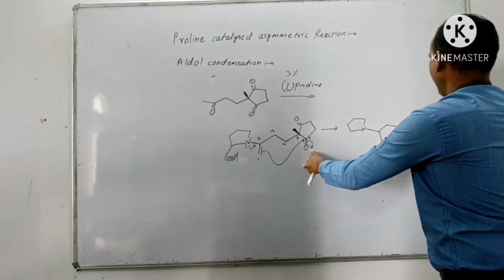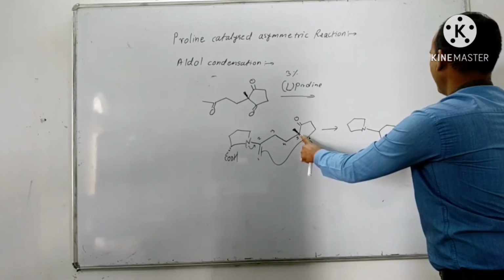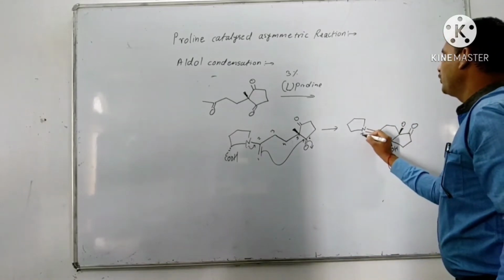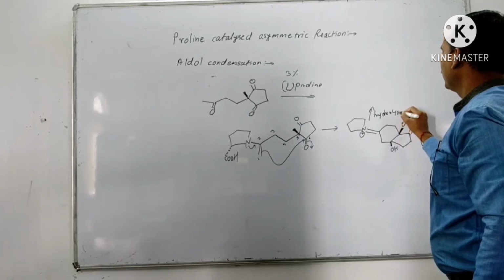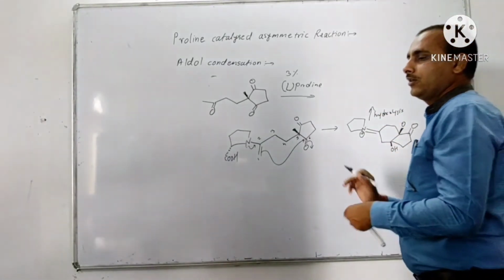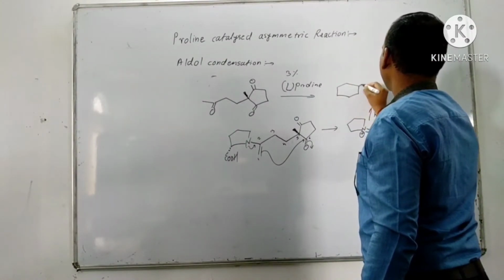And here is the 5-member ring, there is a methyl group present above the plane, and there is a carbonyl, a double bond and a positive charge, which on hydrolysis gives the bicyclic compound like this.